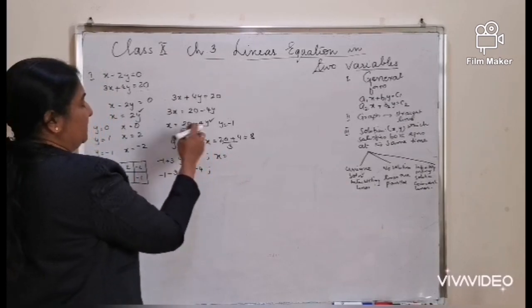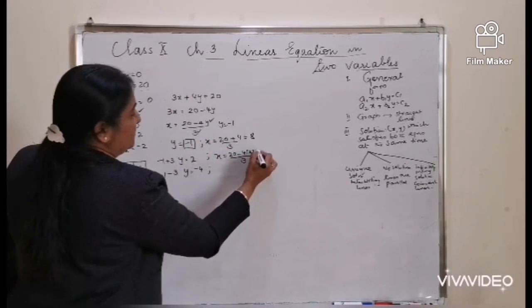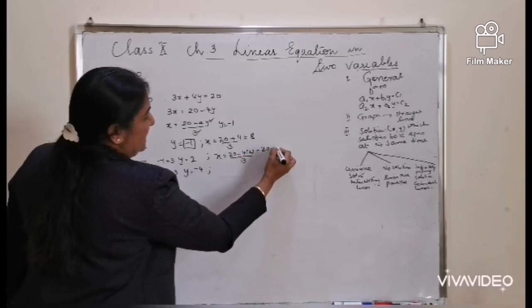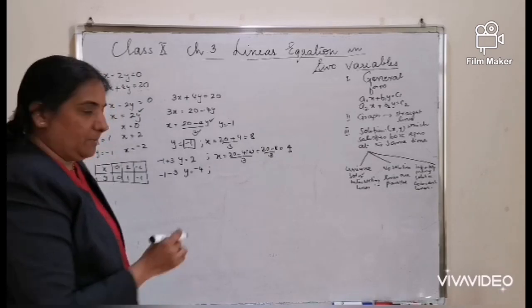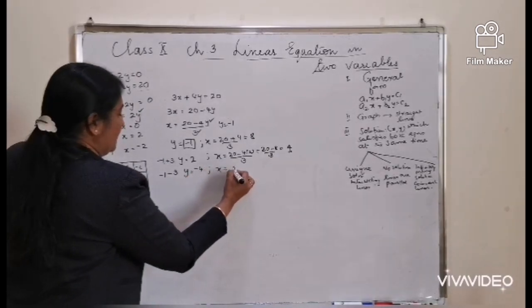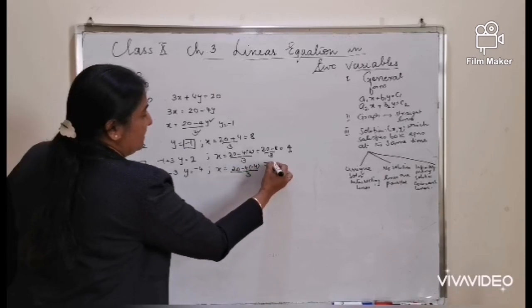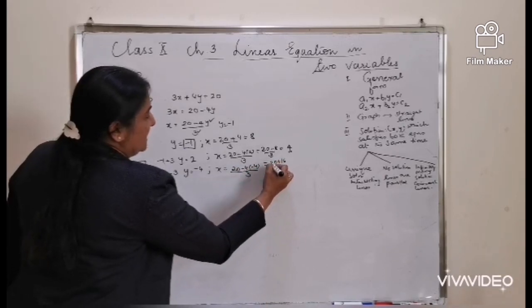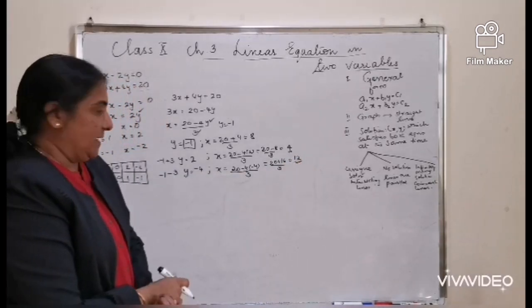For y equal to 2, x is equal to 20 minus 4 into 2 by 3, 20 minus 8 by 3, 12 by 3, which is equal to 4. For y equal to minus 4, x is equal to 20 minus 4 into minus 4 by 3, 20 plus 16 by 3, 36 by 3, which is equal to 12.